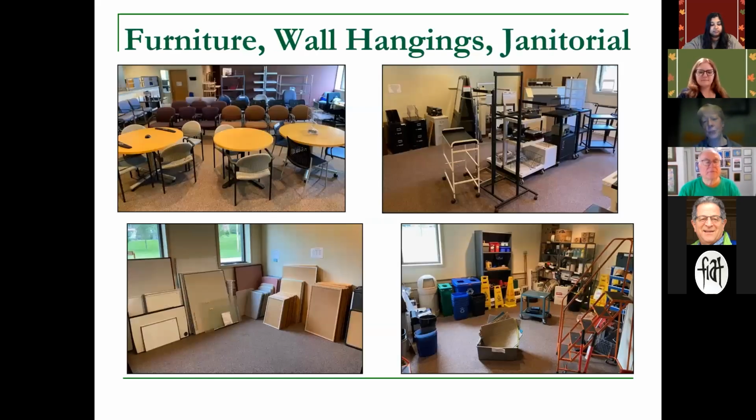Now we'll transition to our furniture and fixtures, where we have lots of different tables and chairs of various styles, shelving units, carts, storage bins, filing cabinets, whiteboards, bulletin boards, literature racks, pictures, lots of janitorial items, including trash bins and recycle bins and bathroom products. And if you name it, we have it. And if we don't have it today, it's very likely we'll have it tomorrow.